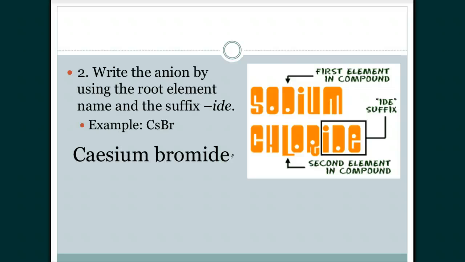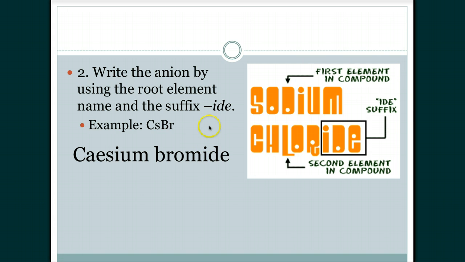If we have no prefixes nor suffixes, this is easy. I'm just looking at the first. This is cesium, and then this is bromine, and since it's a compound, instead of bromine, I'm going to say bromide.